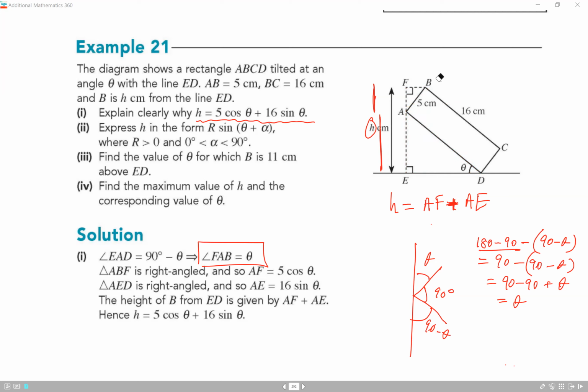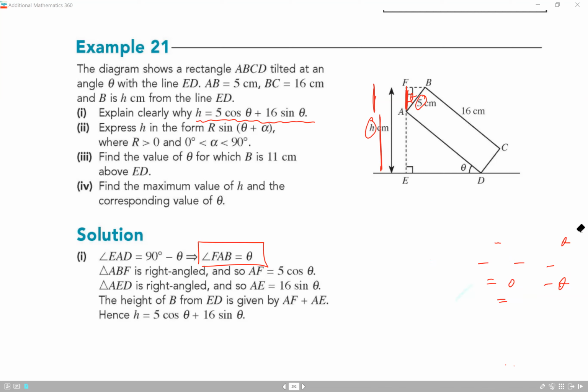Now I need to find what is my AF. How do I find this? I know this is theta, and I know that this is 5. I draw the triangle out. This is 5.